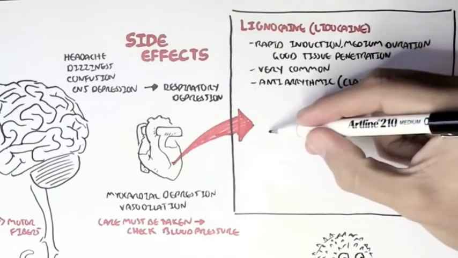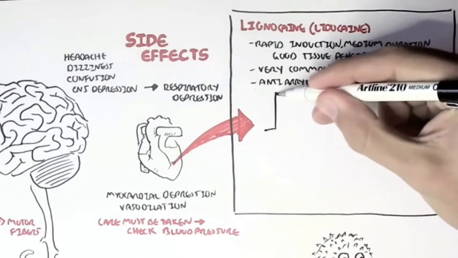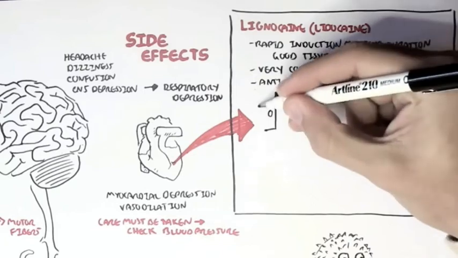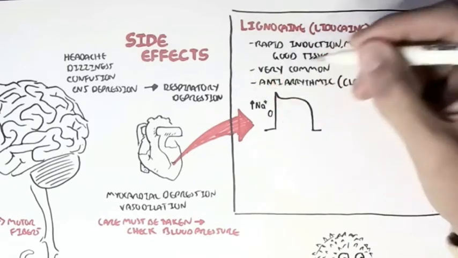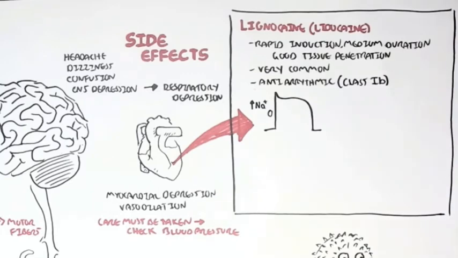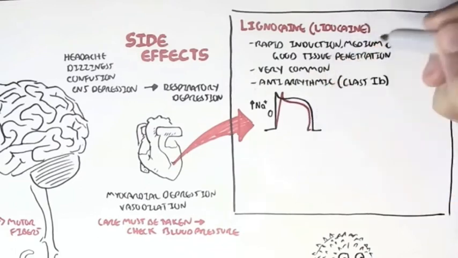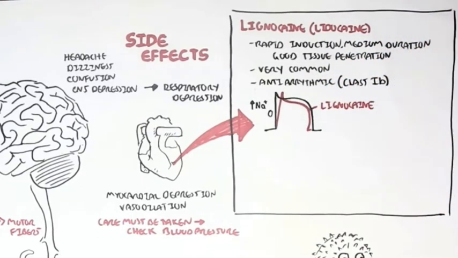So if this was the normal action potential of a ventricle myocyte, where in the zero phase we have a rapid depolarization caused by an increase in sodium influx, lignocaine will cause this type of shift, which will essentially slow down the depolarization phase. But we don't really need to know that lignocaine is an antiarrhythmic drug because this is a local anesthetic video. But that's just a good concept to understand.